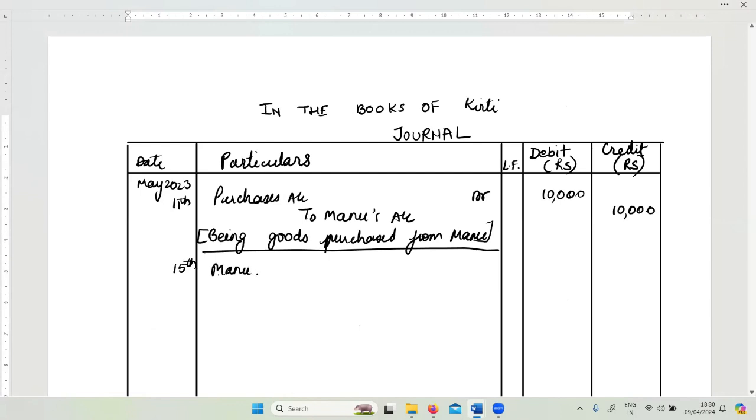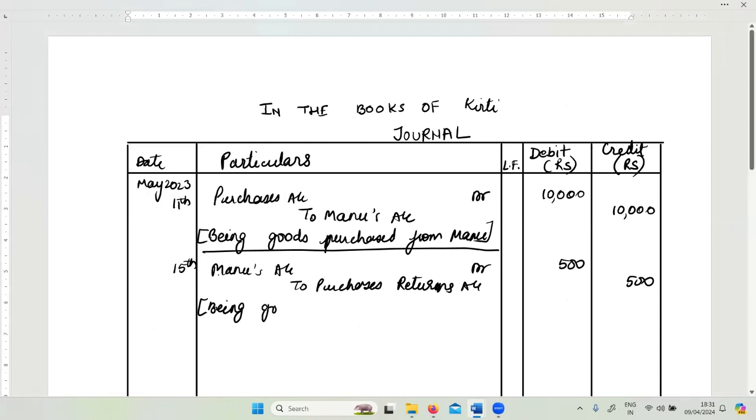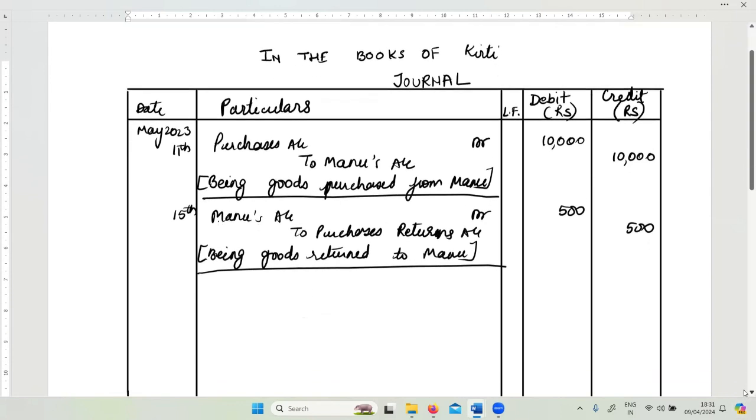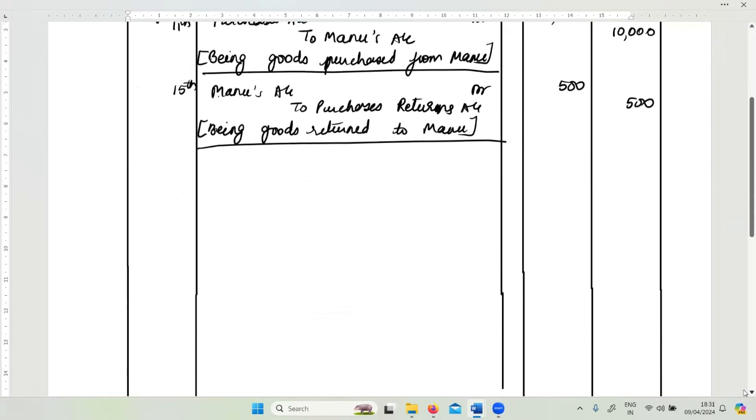Manu's account is debit with 500 and to purchase returns 500, being goods returned to Manu. So that was your transaction on the 15th of the month.